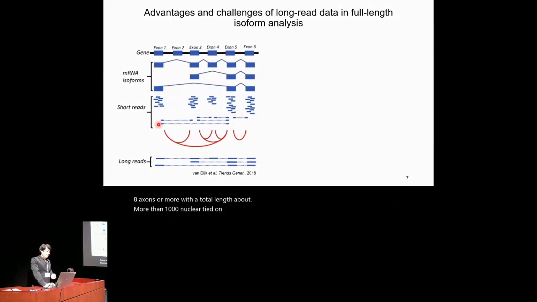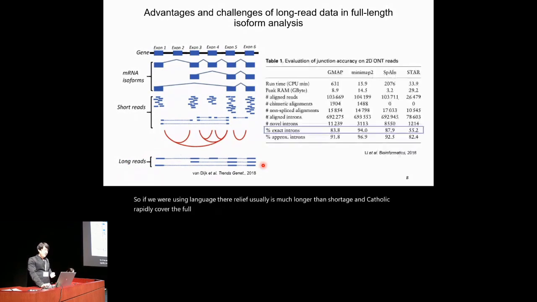So the short-read data are not informative enough to reconstruct the full length. By contrast, if we are using long reads, their read length is usually much longer than short reads and can theoretically cover the full length. However, it should be noted that long reads also have drawbacks.